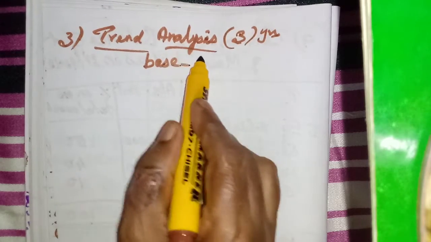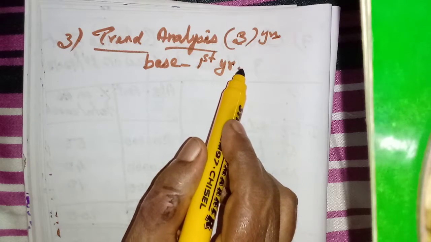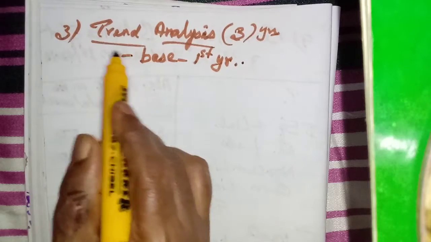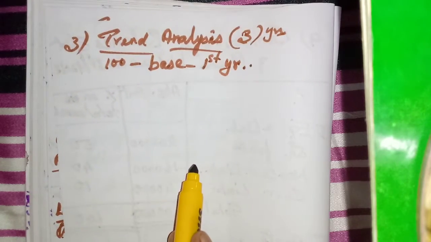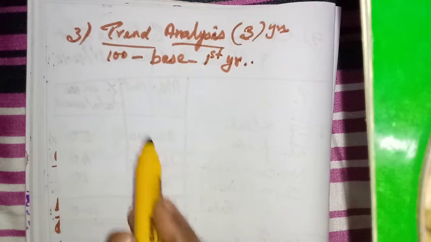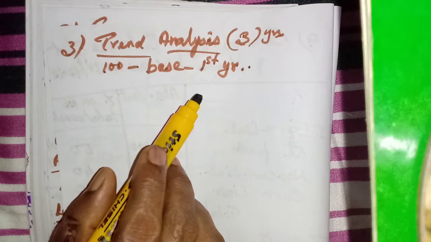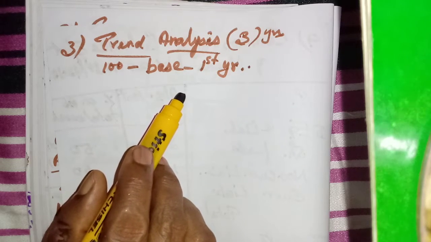The base will be the first year, and that will be taken as 100. Every amount in the income statement will be 100 for the first year. Then we will compare and calculate the percentage.